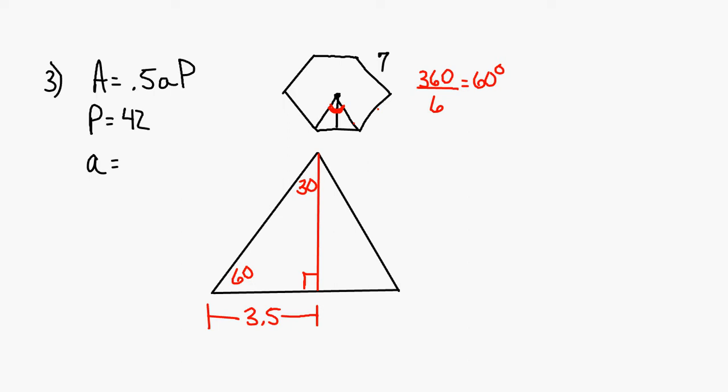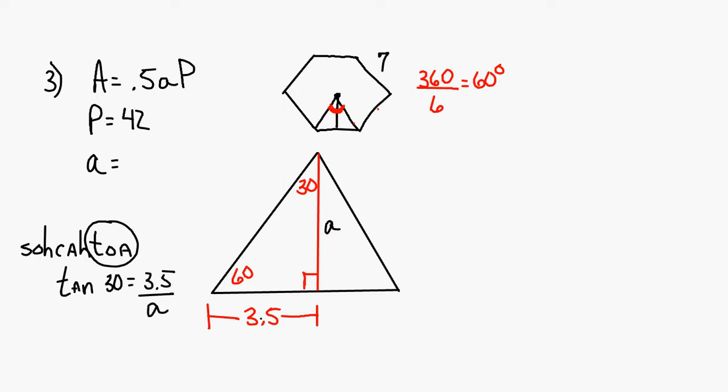You can use SOHCAHTOA, sine, cosine, tangent, to find the apothem. In relation to this 30-degree angle, we're dealing with the opposite side and the adjacent side. Tangent is the ratio of opposite to adjacent. So tan 30 equals the opposite side over the adjacent side.